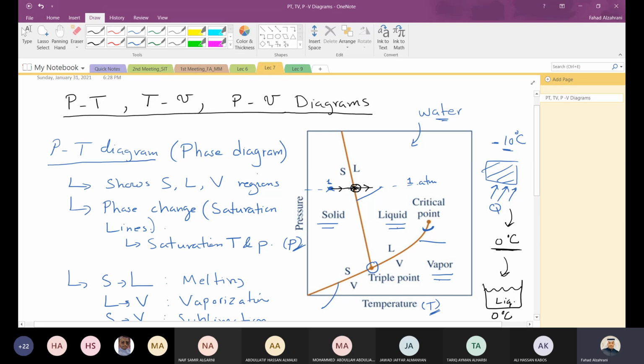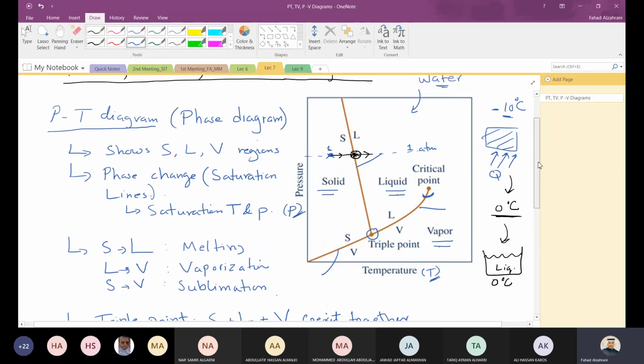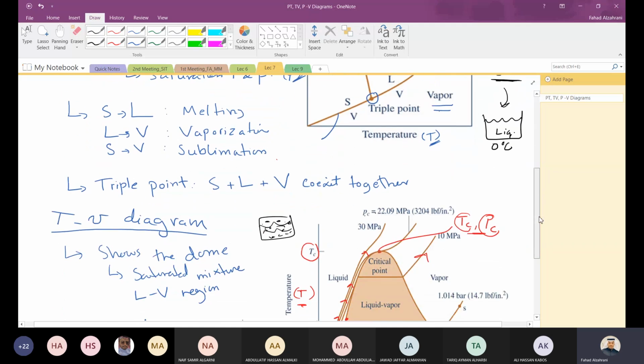It also shows the different phase change lines between any two of these phases, which are basically the melting, the vaporization, and the sublimation. And we also said that during the phase change, the temperature and pressure are called the saturation temperature and saturation pressure. So this is just a quick overview of the phase diagram.